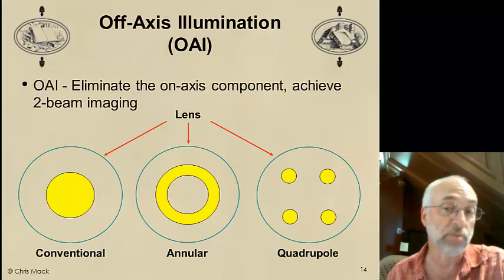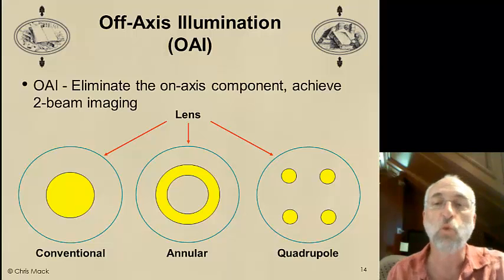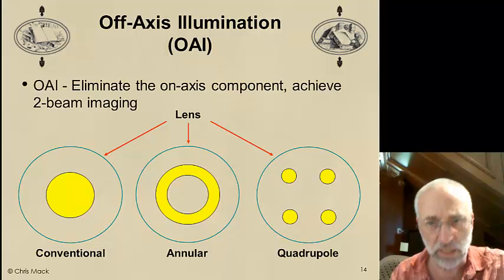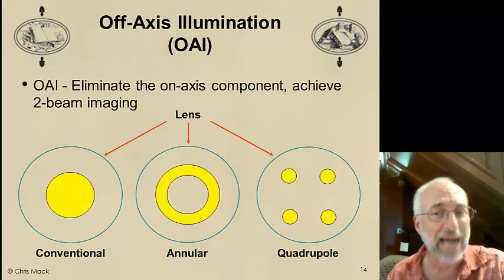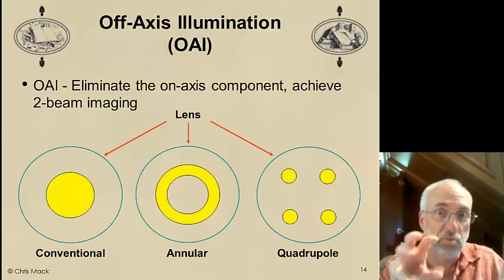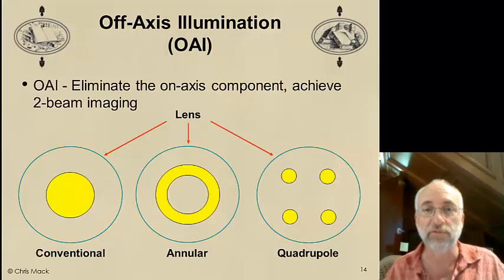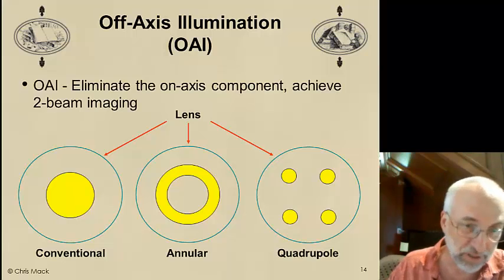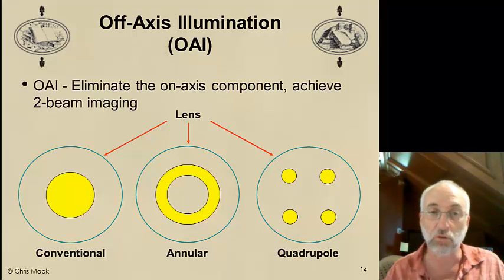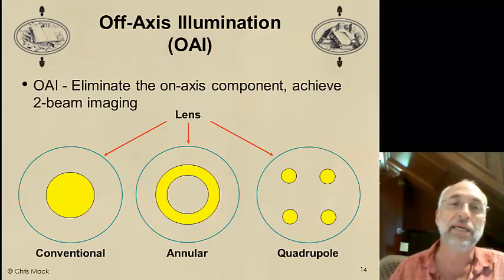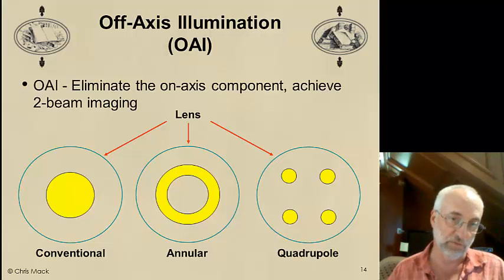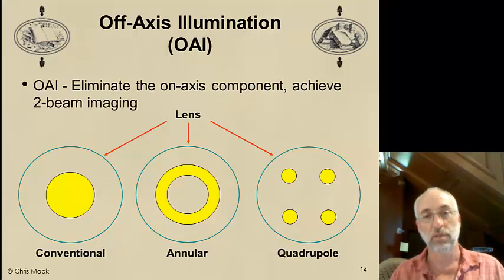But there are other shapes possible too. On the right, I show quadrupole illumination, where I have 4 spots of light. Another popular one is dipole illumination, where I have just 2 spots of light, one on the right, one on the left. The idea behind these odd shapes, things that are other than just a circle or a disk of light, is to try to achieve two-beam imaging for certain mask patterns.